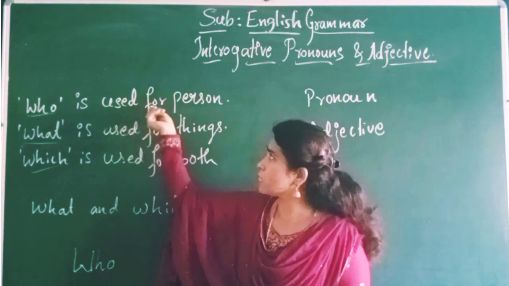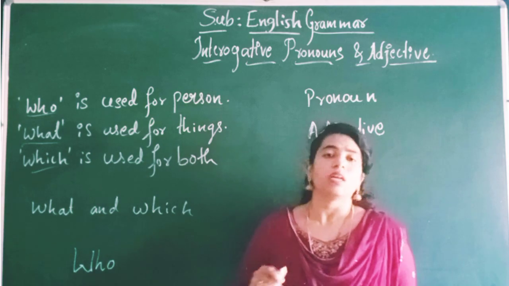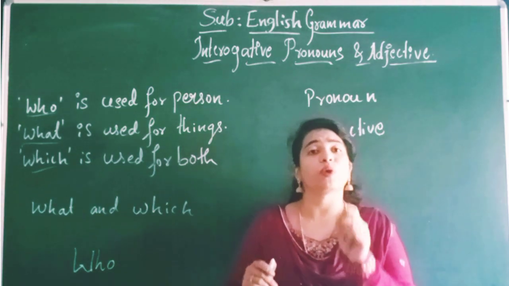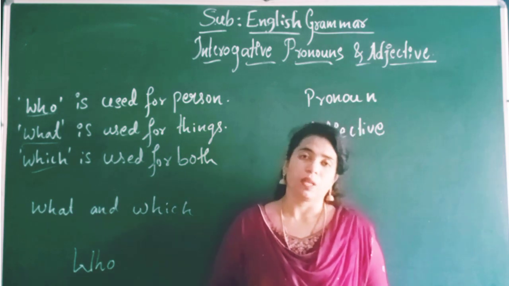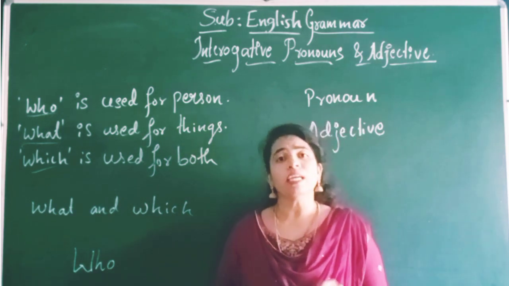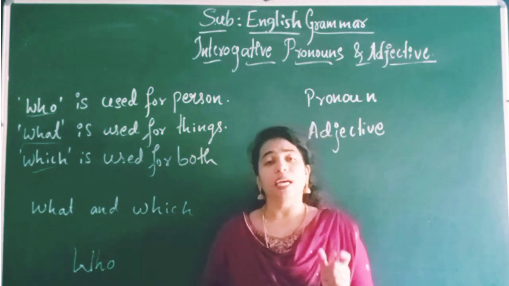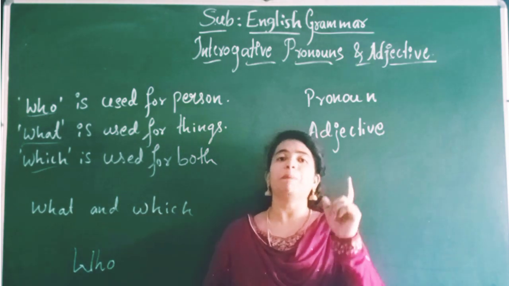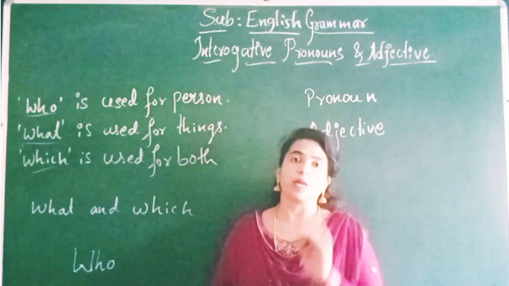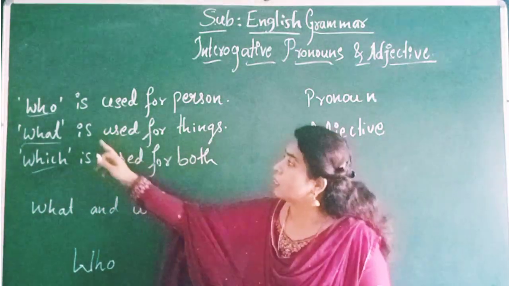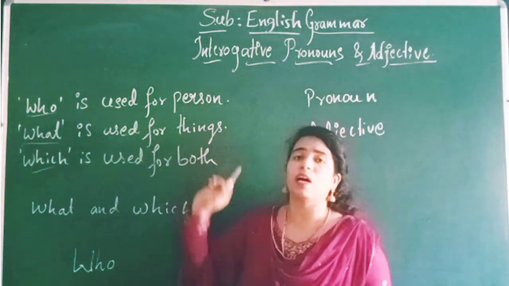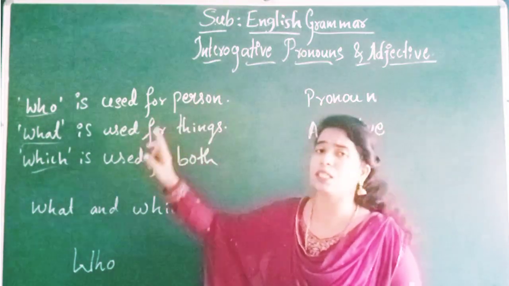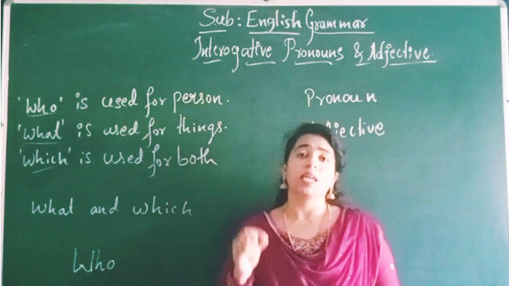Here these three, who, what and which, are very important while interrogating. Who is used for a person, particularly to define or explain a person. Whenever we add who in the question, it makes sense that we are talking about a particular person. Now what is used for things. Who is used for person, what is used for things.